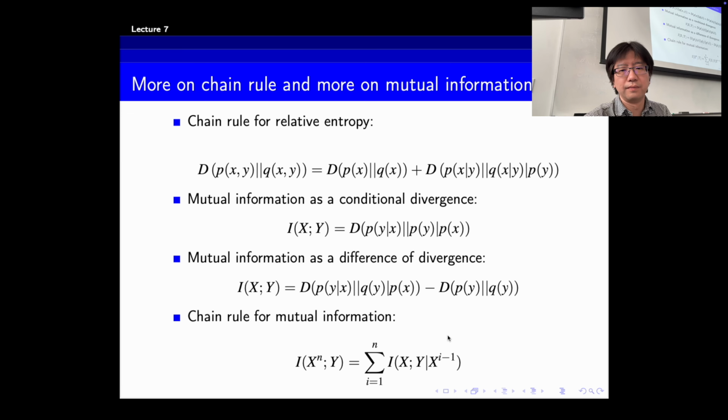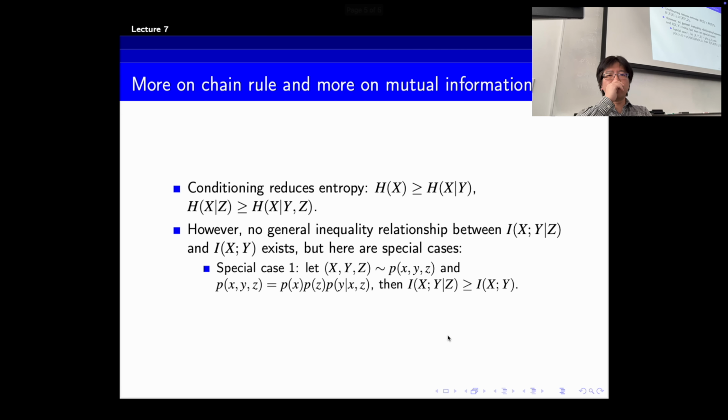So that's very important. Then we'll give you some examples to talk about conditional mutual information. Normally, this conditional property is pretty weird, so we need to be very careful.